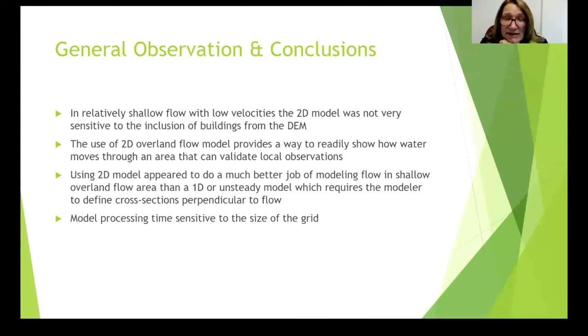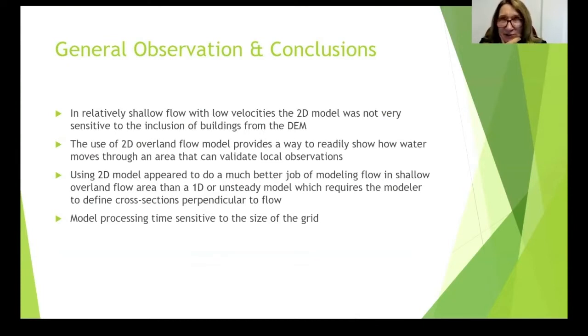Now, we also looked at how the model could move water through the area. That was probably the most rewarding thing about this model, being able to have the water depicted, particularly using a hydroflow coming out of the main channel, flowing through that neighborhood, starting down the streets, then turning up and down some other streets, and then finally going to backyards, and really matching what people observed there.